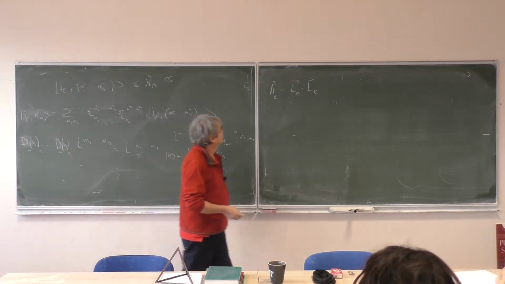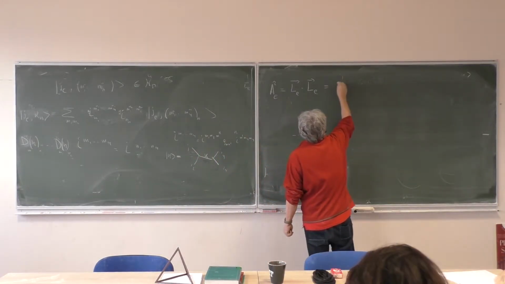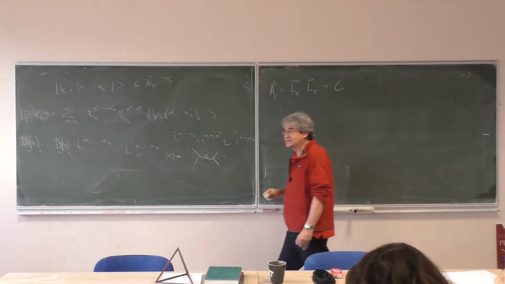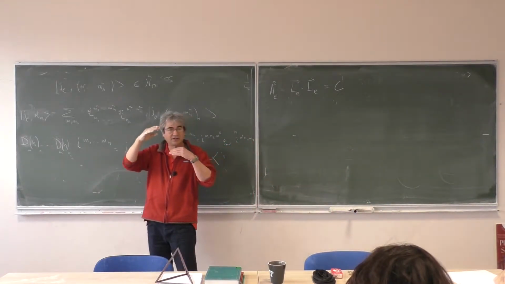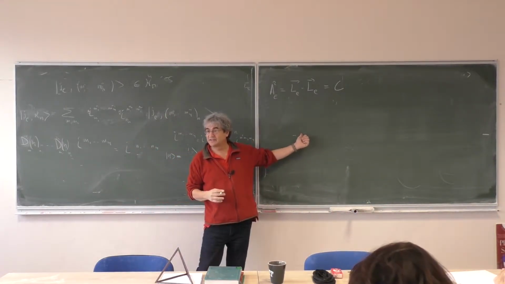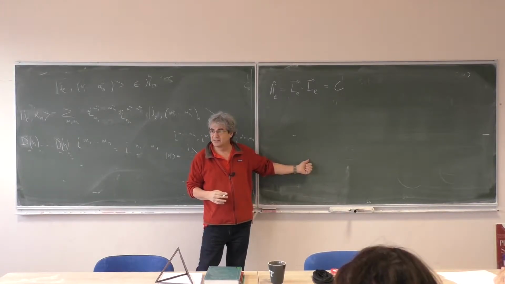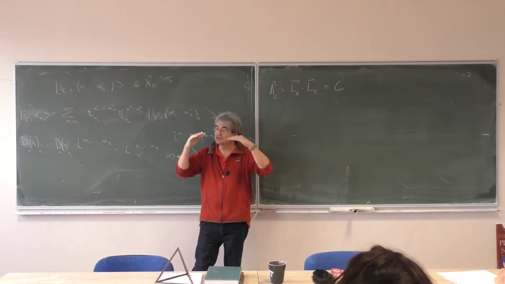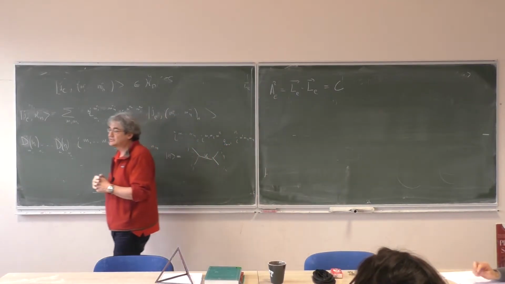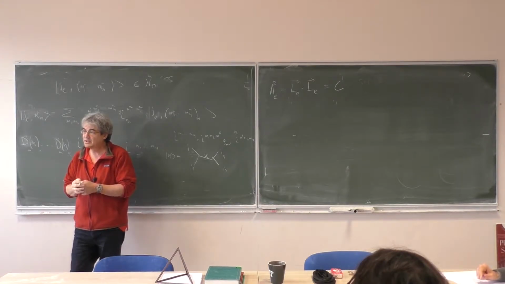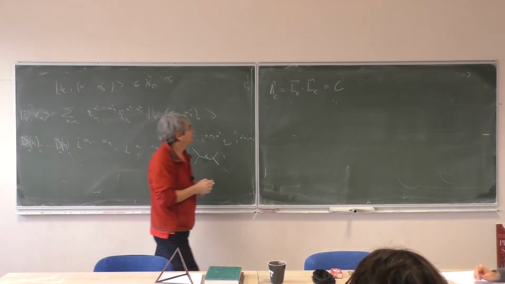And remember that it has a property that it's diagonal in the Peter-Weyl decomposition. So it has a value in each representation, and in each representation J, its value is J(J plus 1).